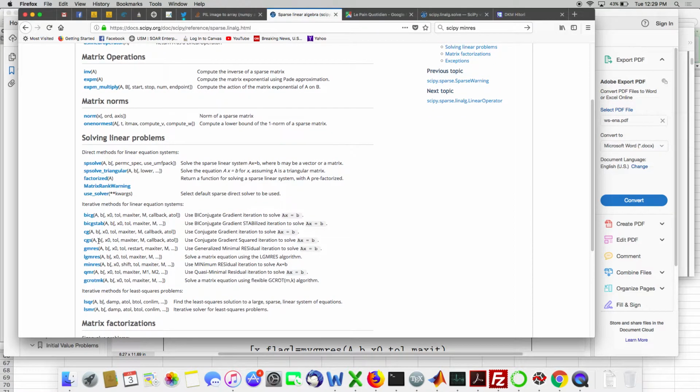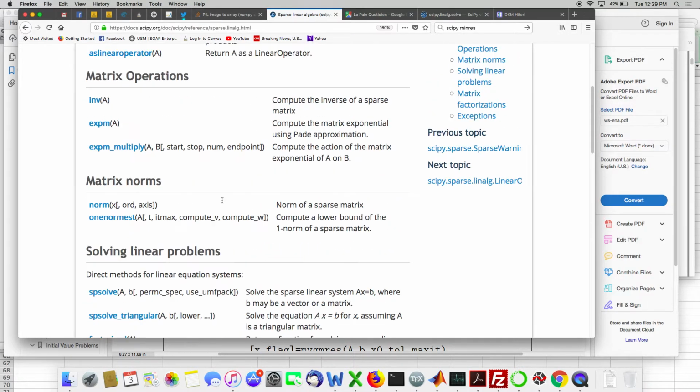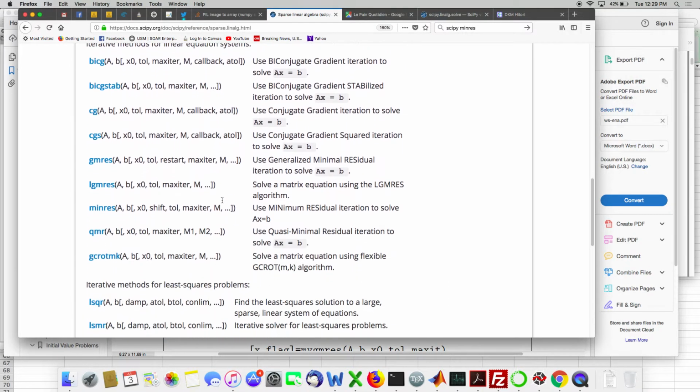Here we have all the iterative methods. And notice that GMRES has an extra parameter for restart. You have to restart GMRES now and then because of the excessive storage requirements, whereas MINRES has no such parameter. It's not necessary.